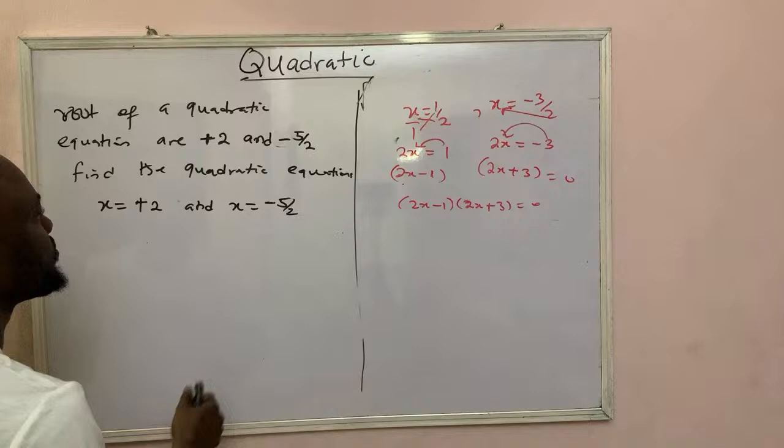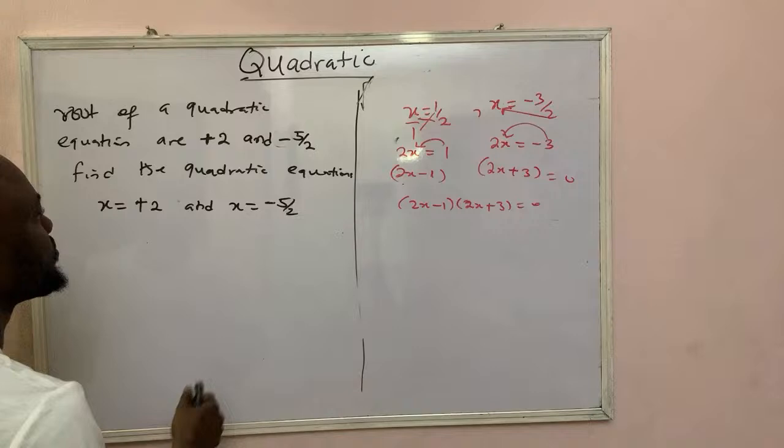We want to express this in this form. So we want to find the integer values of a, b, and c.